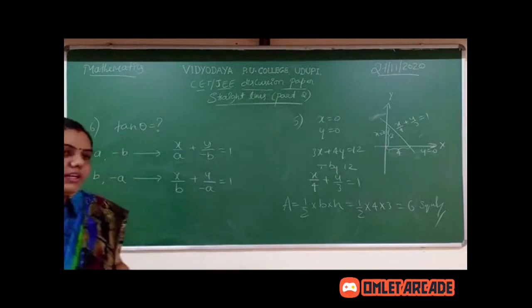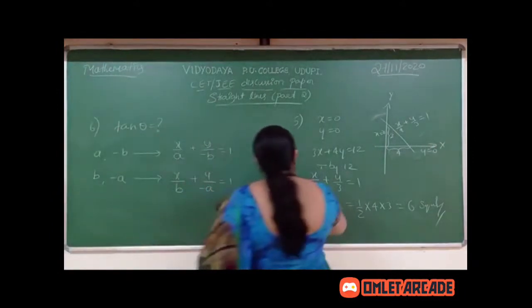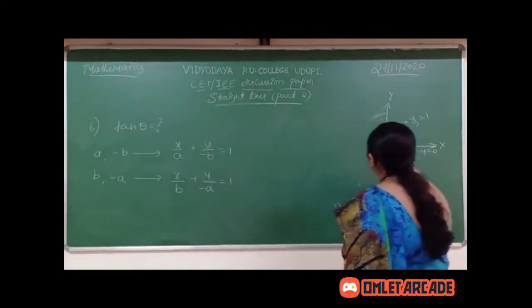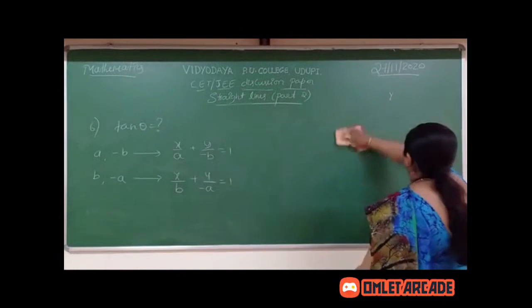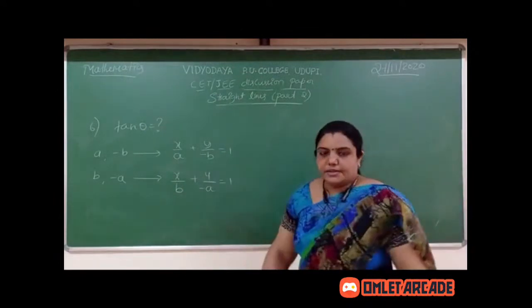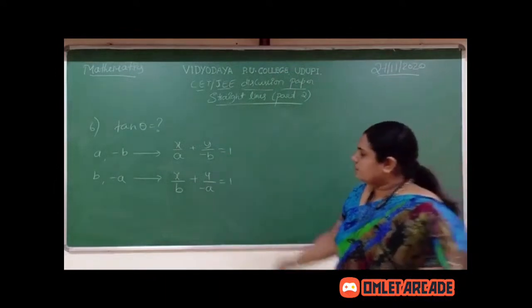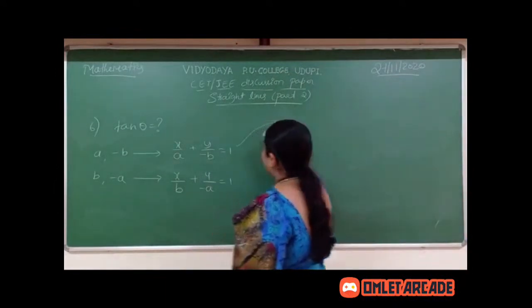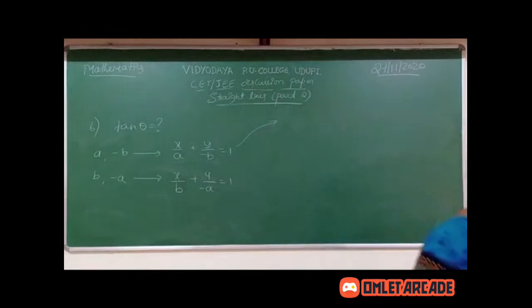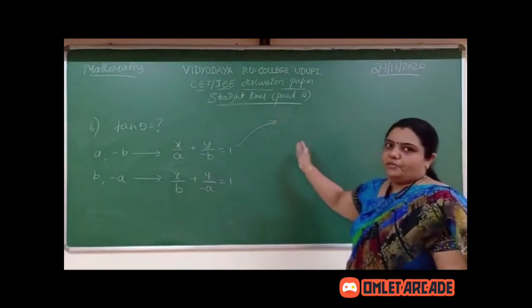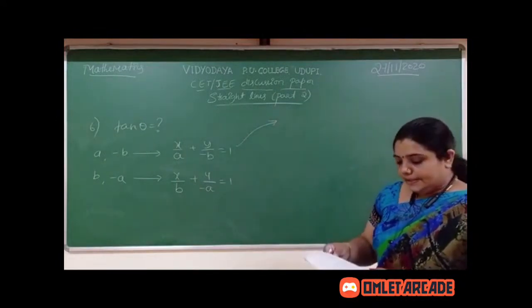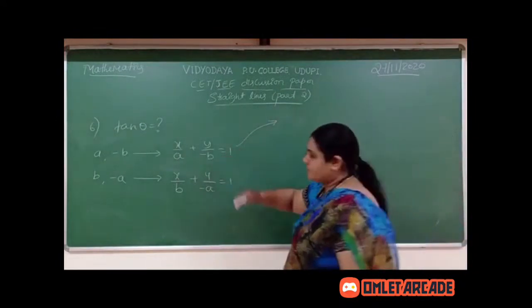Tan theta. What is the formula to find tan theta? That is m2 minus m1 divided by 1 plus m1 m2. The thing is, we need slopes here. So can I find slope from this? Either you can use the direct formula method to find the slope, or you just convert the equation into slope point form, then you will get slopes.